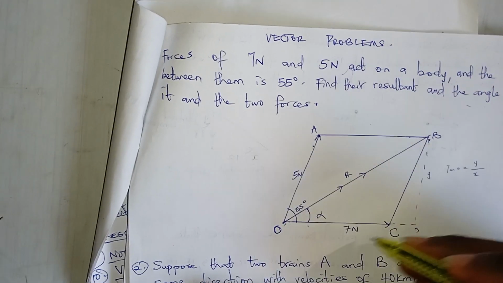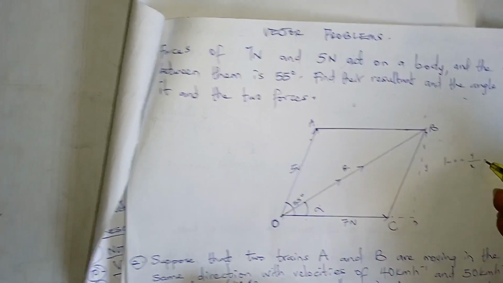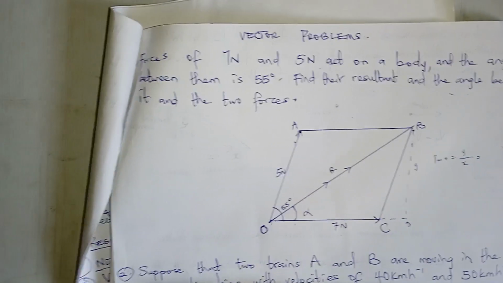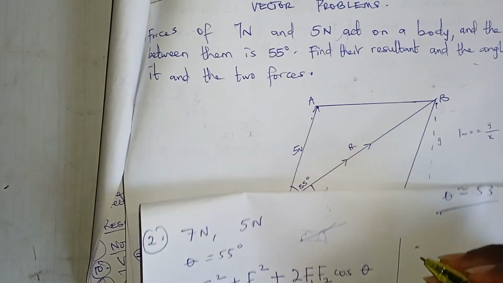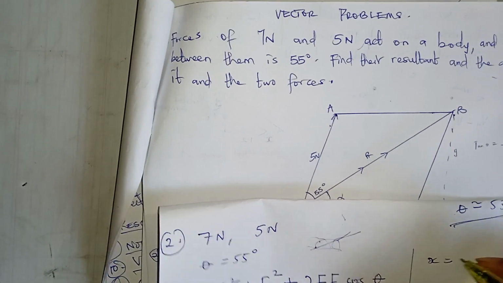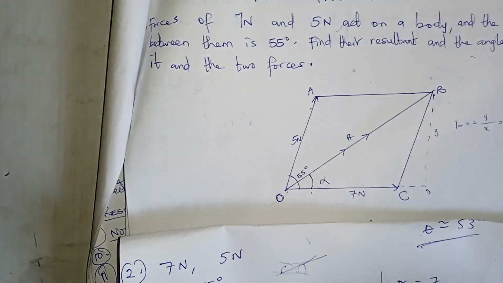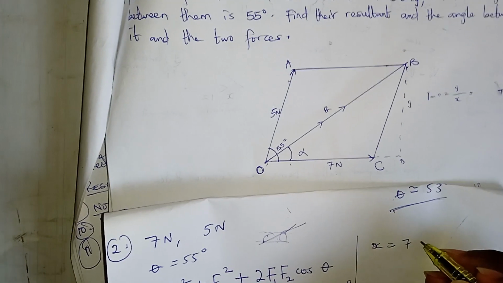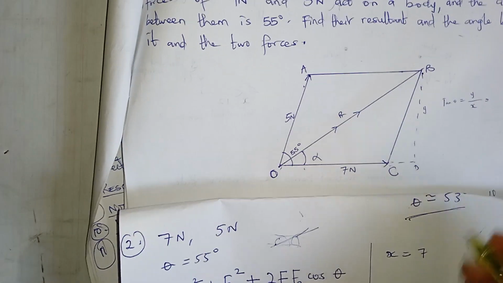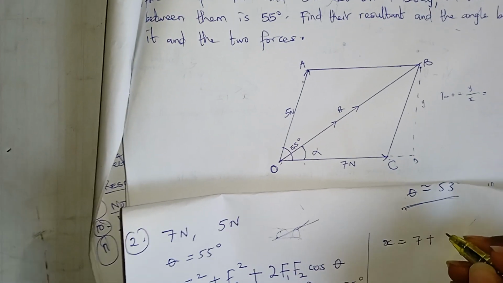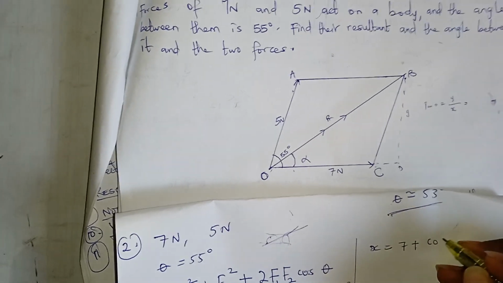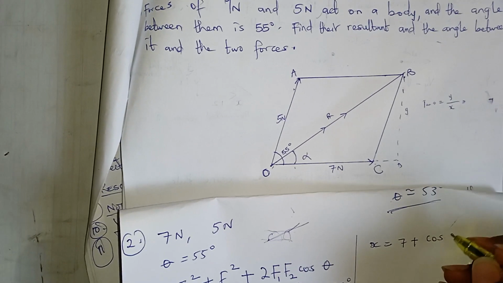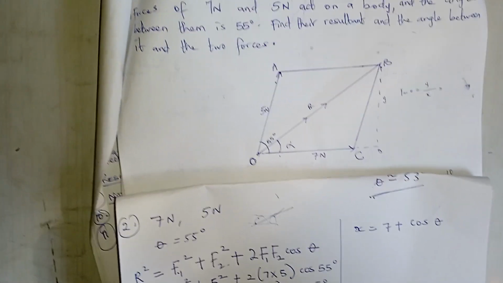So x is the same thing as 7, the 7 I see here. Then everything here, so 7 plus cos theta.